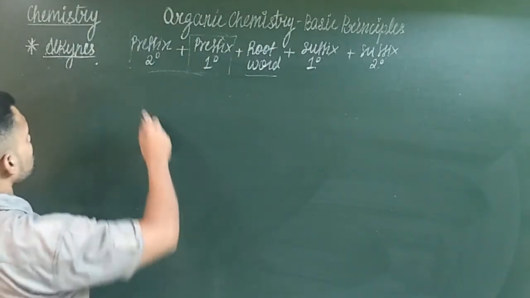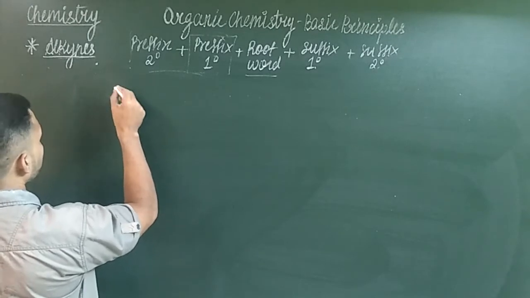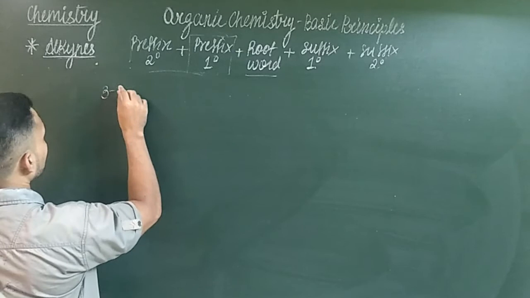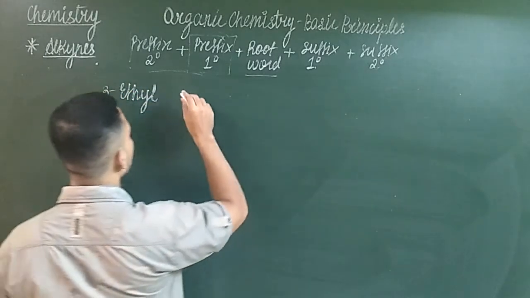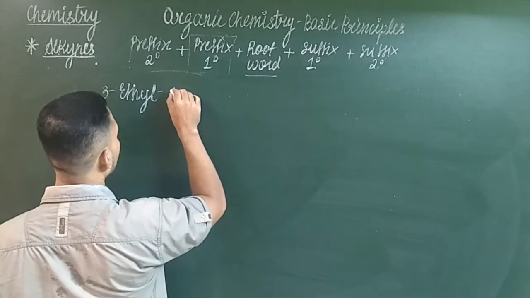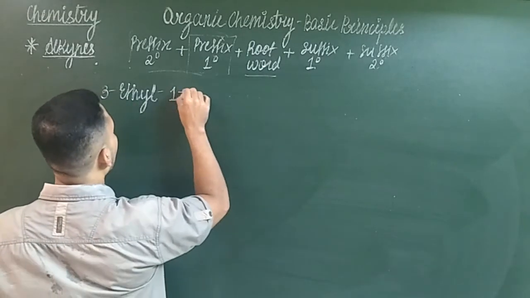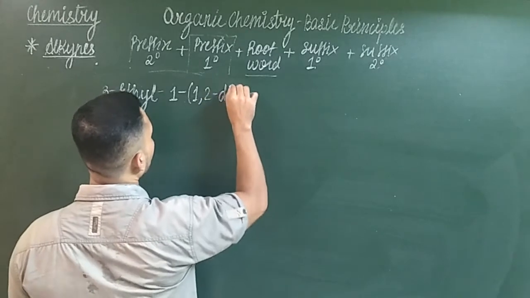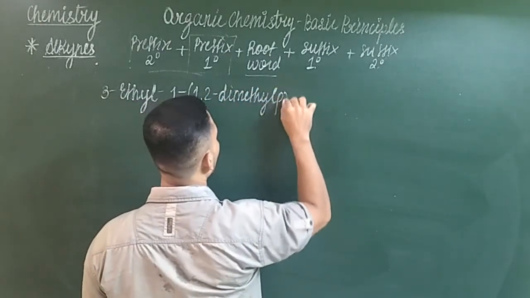So suppose one question we will take on this. It will be 3-ethyl, then 1,2-dimethylpropyl.